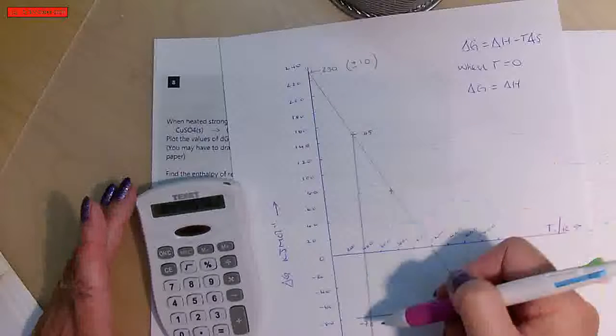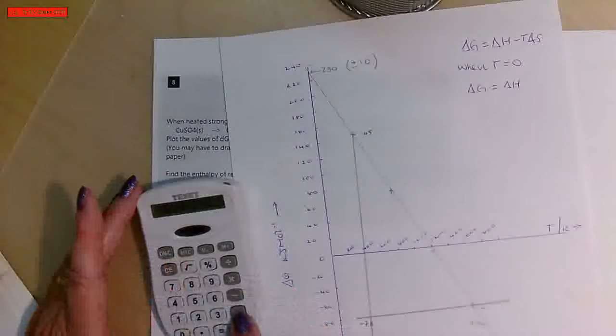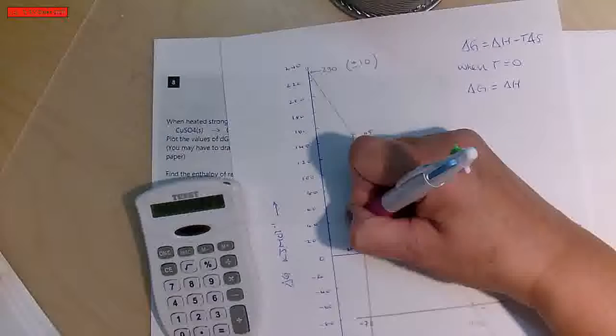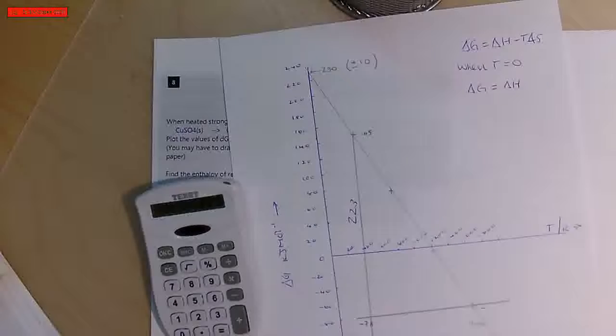So if I work this out, 145 and 78, that distance there is 223, so 223 divided by the change in temperature.